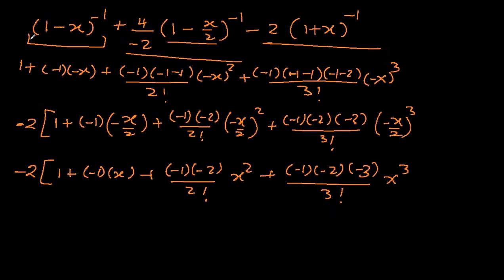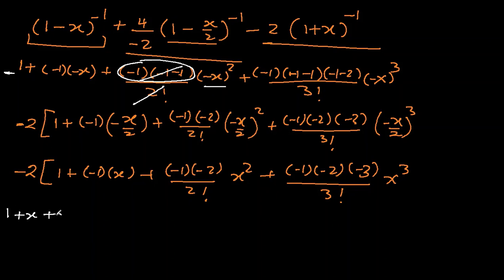So let's simplify this first one. So 1 plus x. Yeah, -1 times -x will be plus x. This will be -2. This will be -1. So total it is 2. This thing is 2, and 2 factorial is also 2. So they cancel out. We're left with x squared, that too positive, because this square will make negative positive.